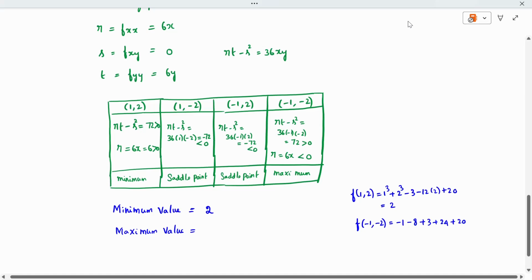So when I add it, 38 I am getting. Okay, my maximum value is 38. So completed, this is our answer: the minimum value and maximum value, 2 and 38 is our answer.